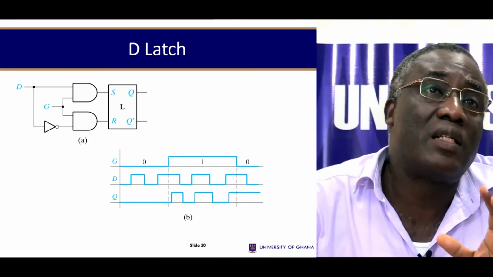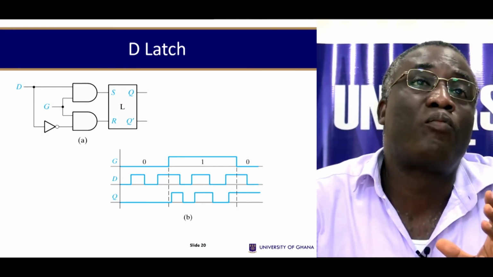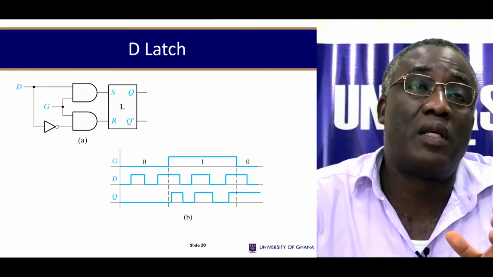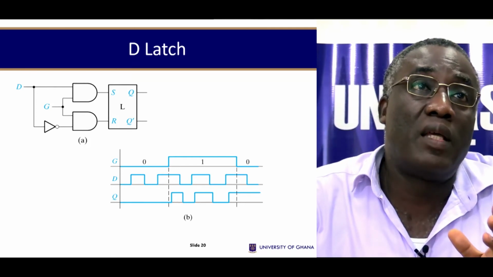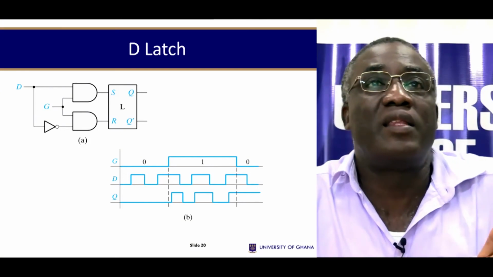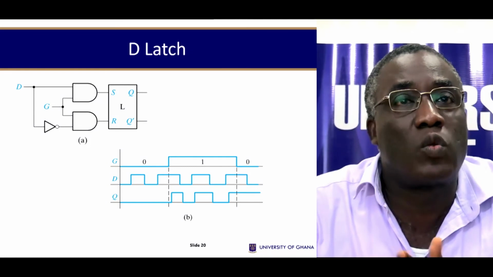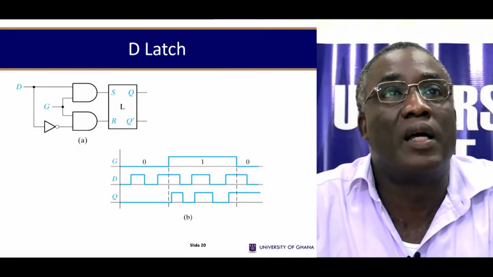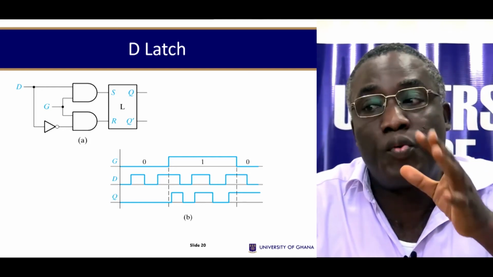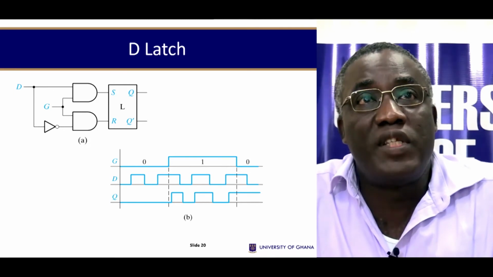This D latch is normally used as a data latch. So it's one of the simplest forms of memory elements. You put in the data here and use the gate to control when that data goes on the output. So it's worth spending some time looking at the details of the operation of this D latch.